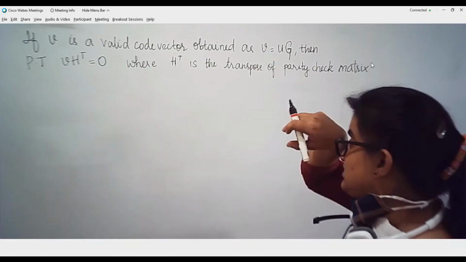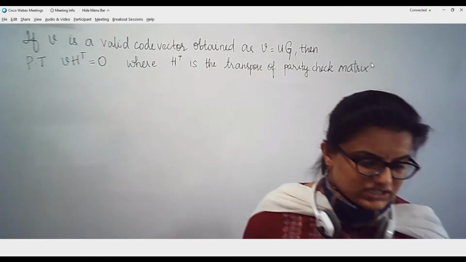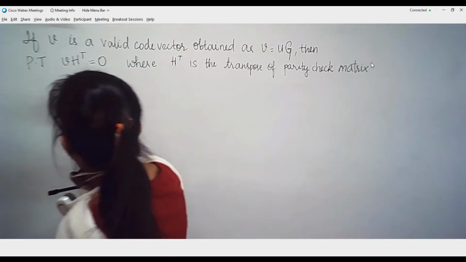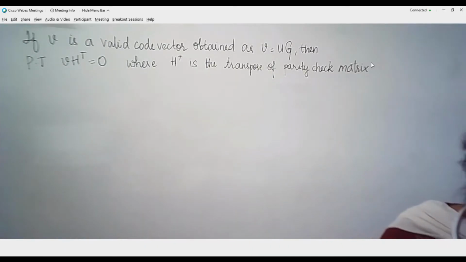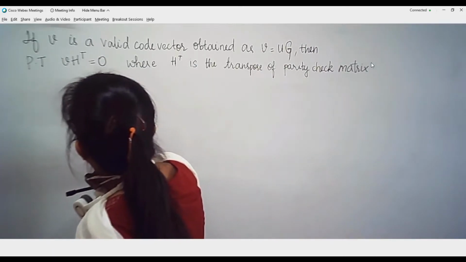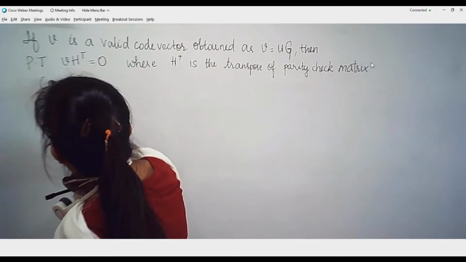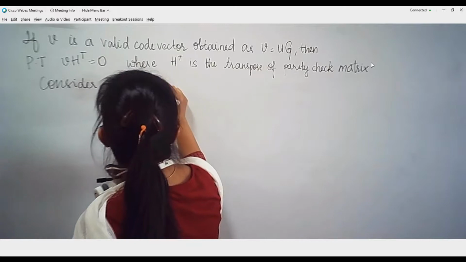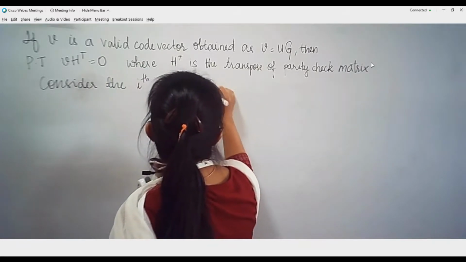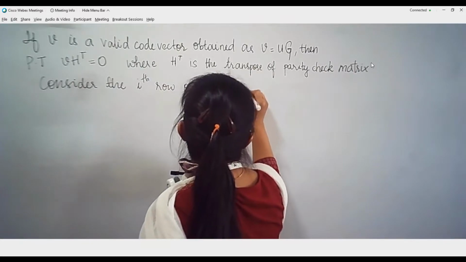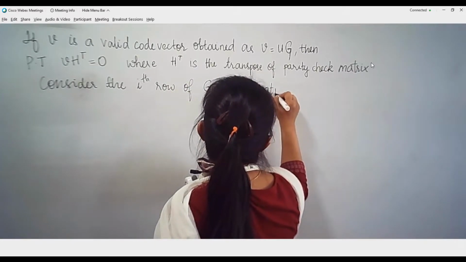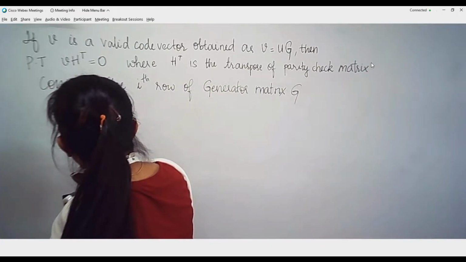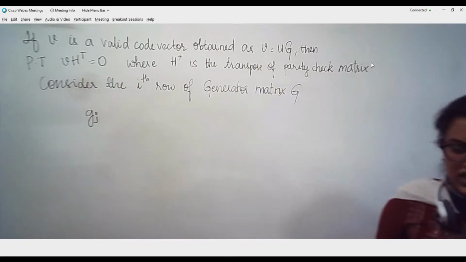So how do we start here? First we will have to have a generator matrix. We will start off with the ith row of generator matrix G. I represent that as small g suffix i.